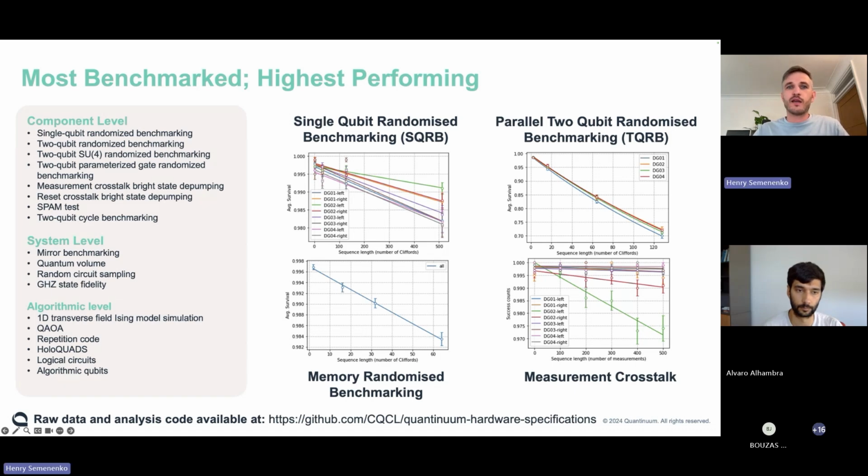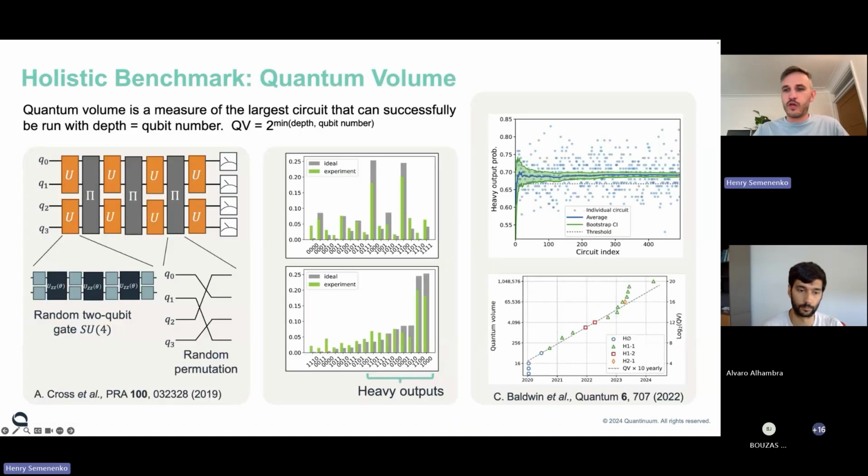But I wanted to highlight really quantum volume as a metric that is trying to encompass the entire stack of the quantum computer. So we're not looking at just individual component level or individual gates. We are trying to really stress test the entire process from state preparation to measurement.